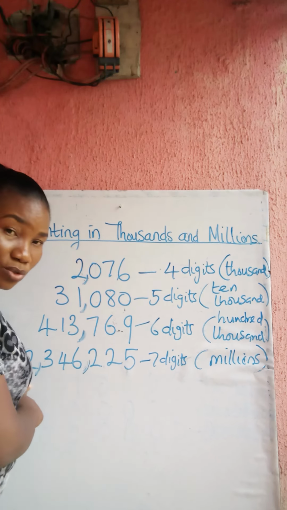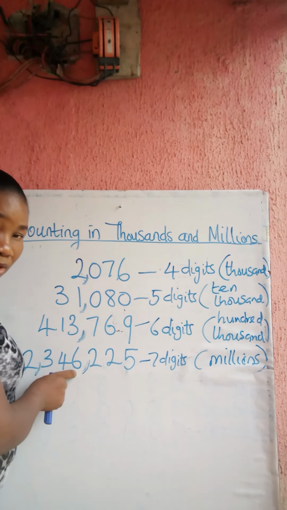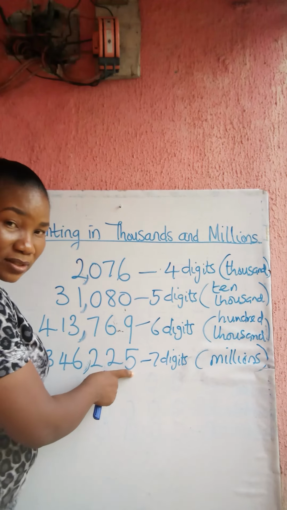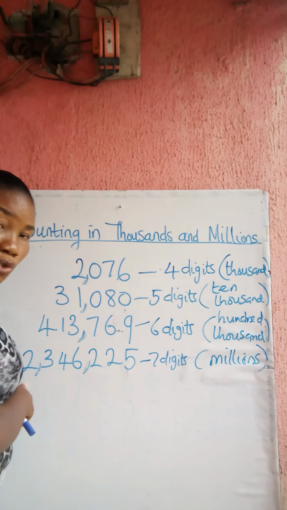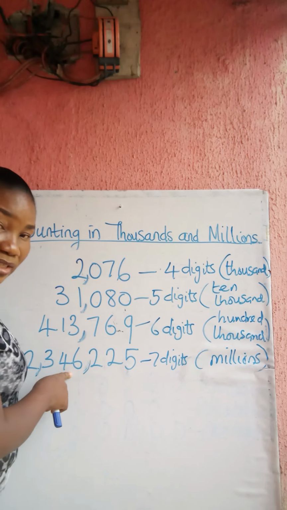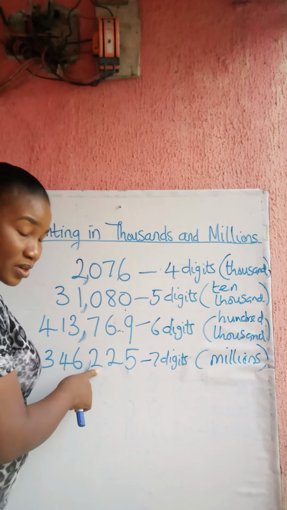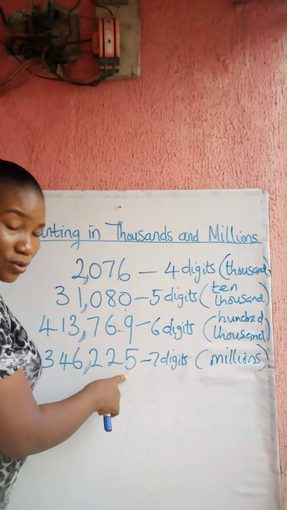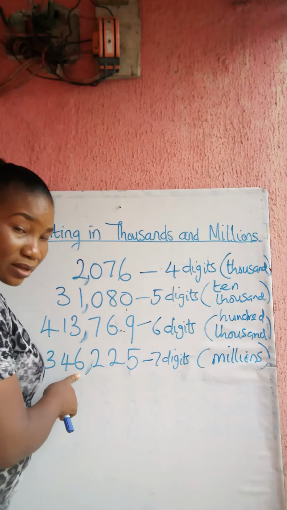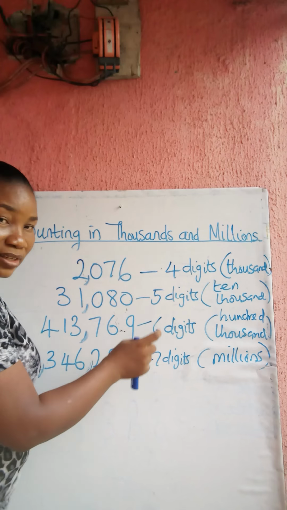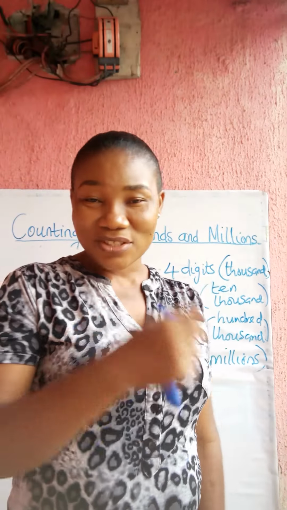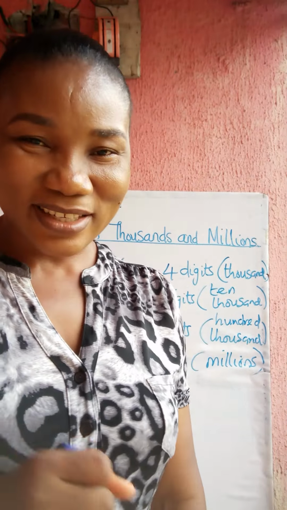So we are going to read 2, then next we read the first 3, followed by the last 3. Let's go. 2,346,225.